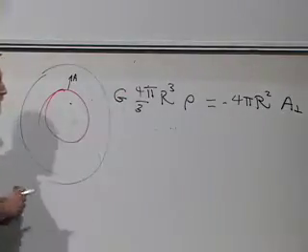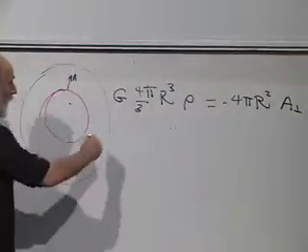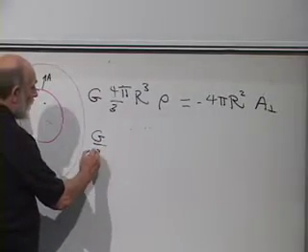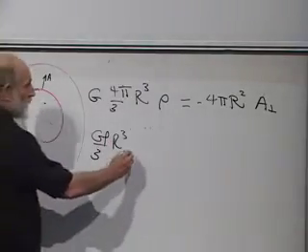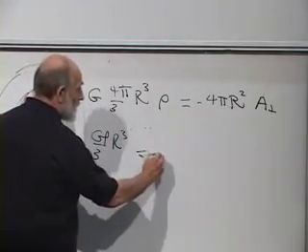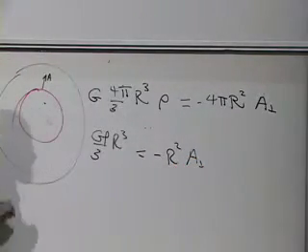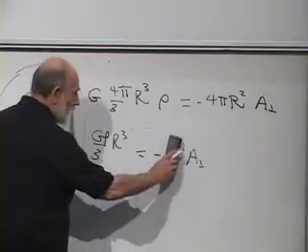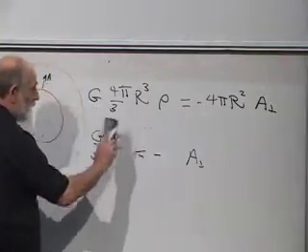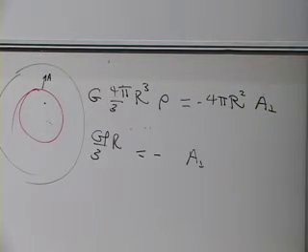I can cancel the 4 pi. Then I get G over 3 r cubed rho is equal to minus r squared A perpendicular. Now divide by r squared. Dividing by r squared leaves one power of r. So it tells me that the gravitational field is linear, just like a spring.